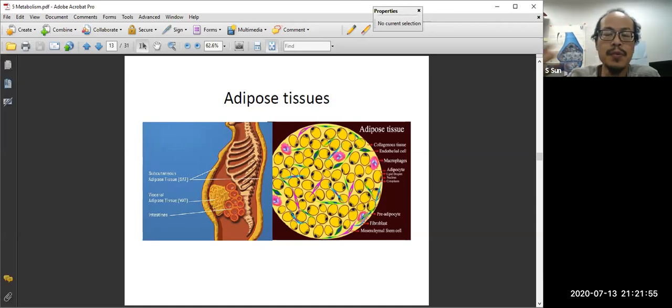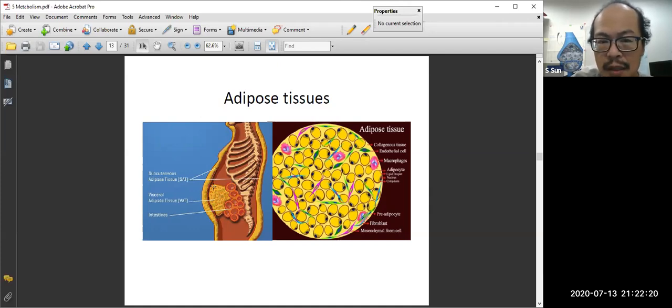Same thing: if we use our money, we use it from our pocket. And then if we use all the money in the pocket, then we go to the bank to get some more money. So the adipocytes are the bank account: if you use all your glycogen, then you come to the adipocytes to use this stored fuel.